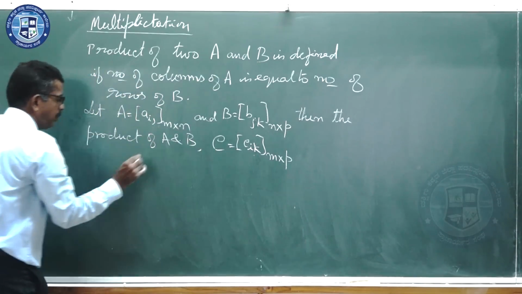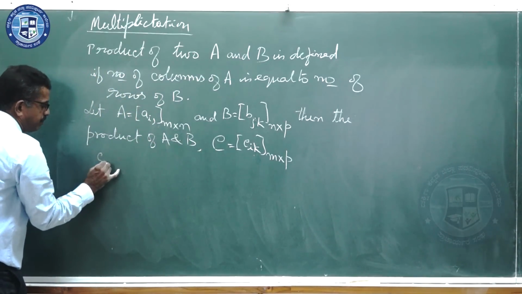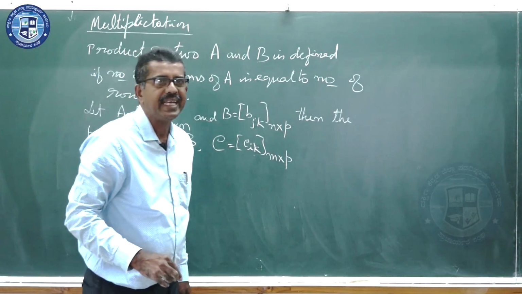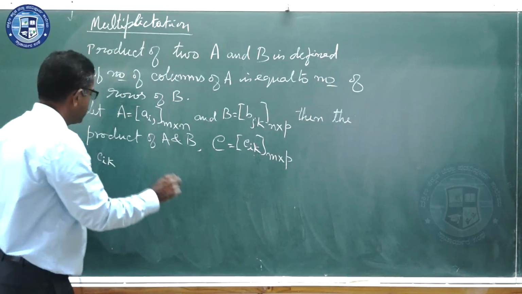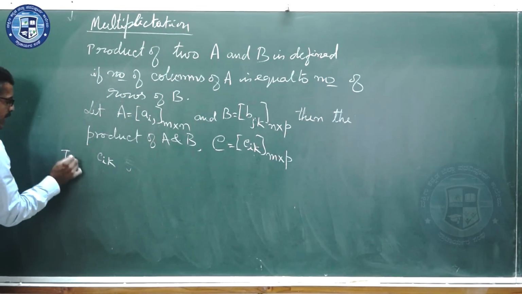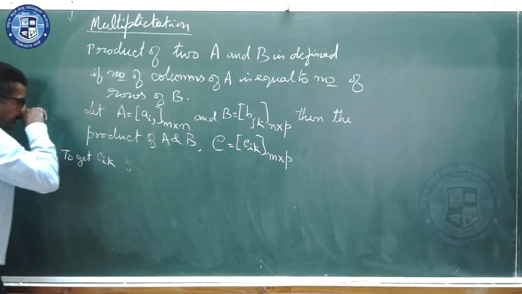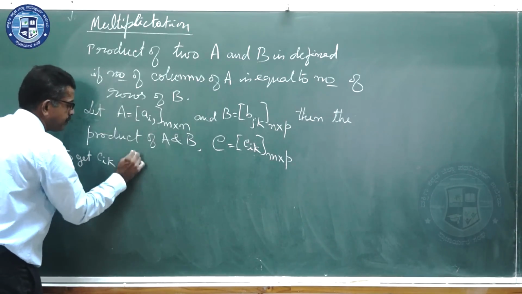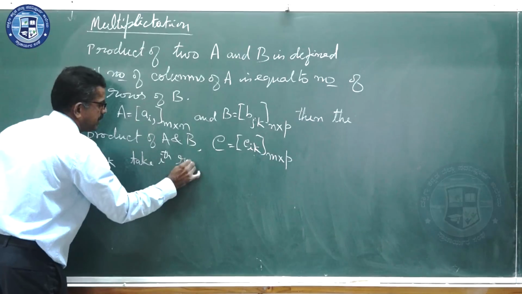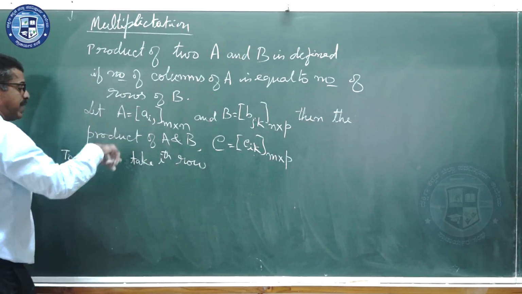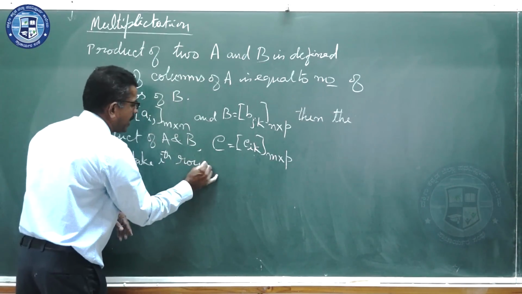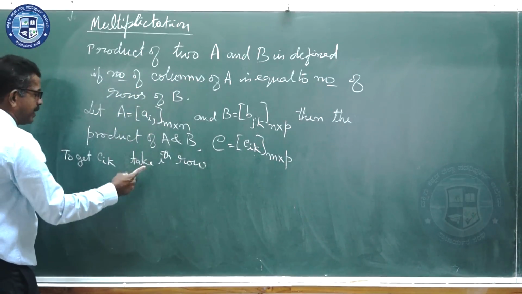Now can you please tell me what is Cik? Cik is obtained as follows. To get Cik, I take the ith row. This takes care of the fact that rows of the first matrix, as I mentioned already, need to be multiplied with the columns of the second matrix.